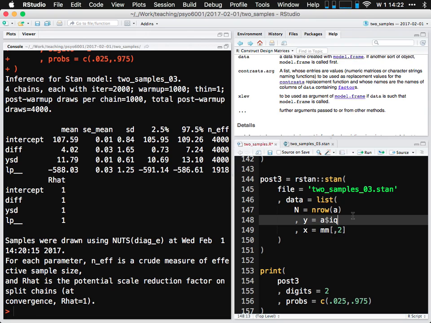Yeah. So we can do that using the scale command. And remember I told you to put this funny square bracket comma 1 after scale. So that's going to take whatever's in the IQ column, subtract the overall mean, and then divide by the overall SD in that column.